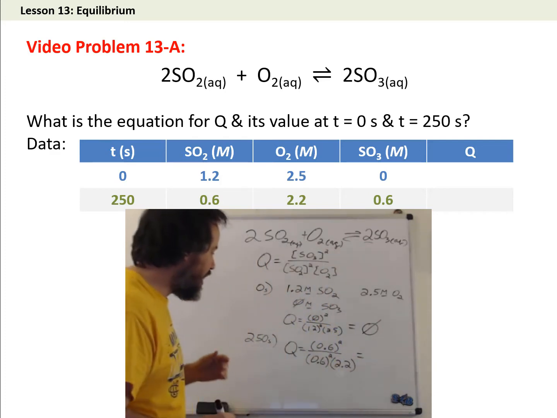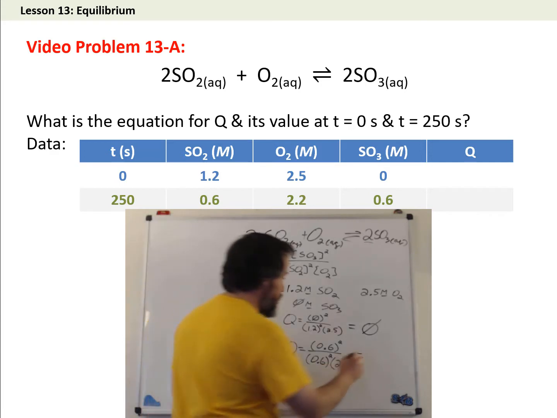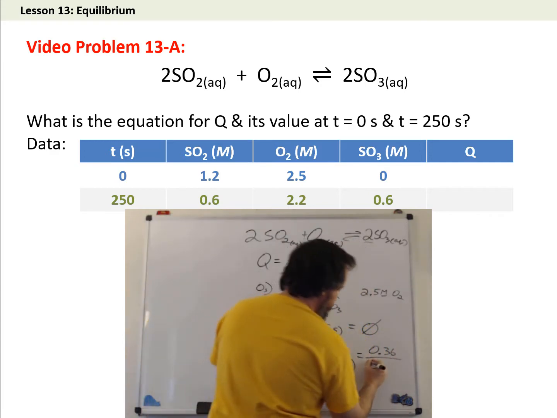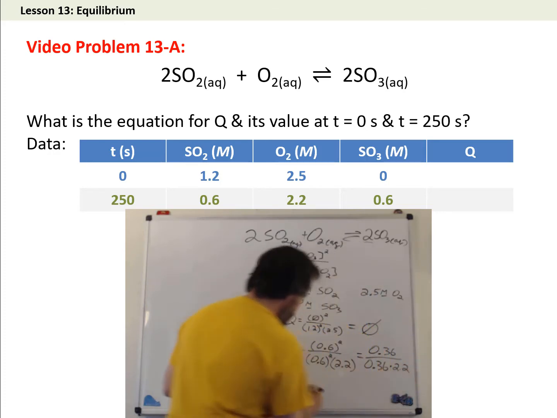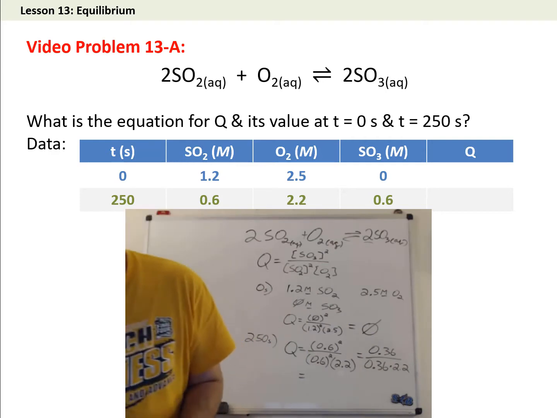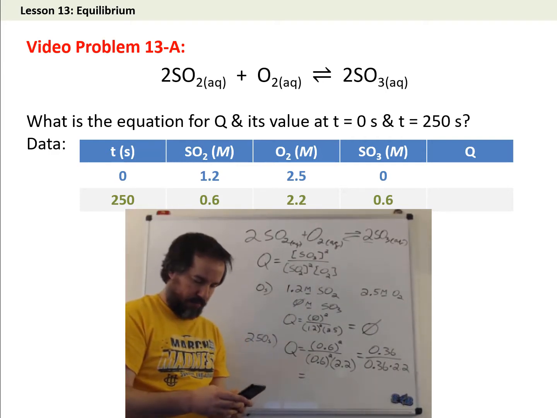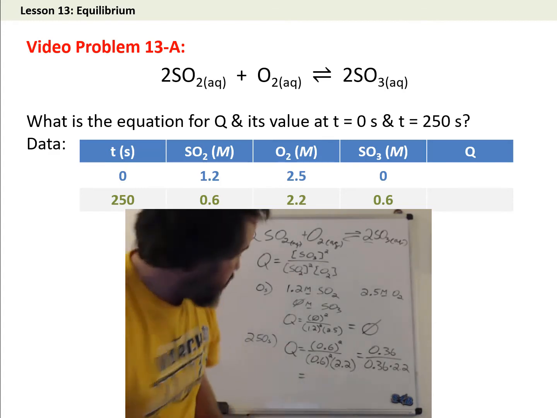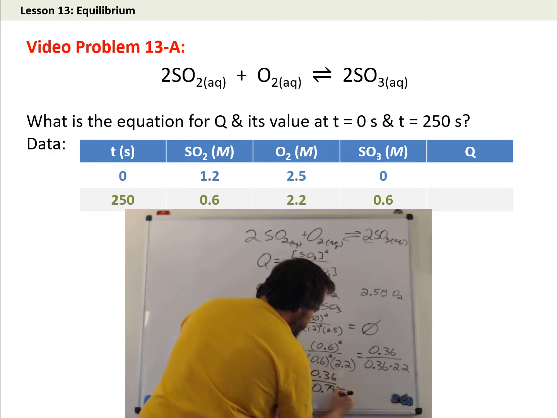So I can go ahead and plug in my data, 0.6 squared. It's going to get me 0.36 over 0.36 times 2.2. This is going to get me 0.36 over 0.792.